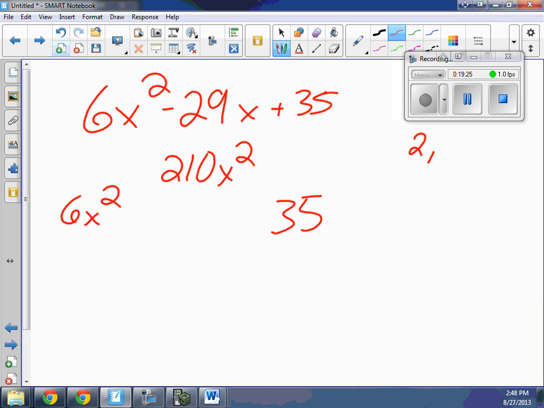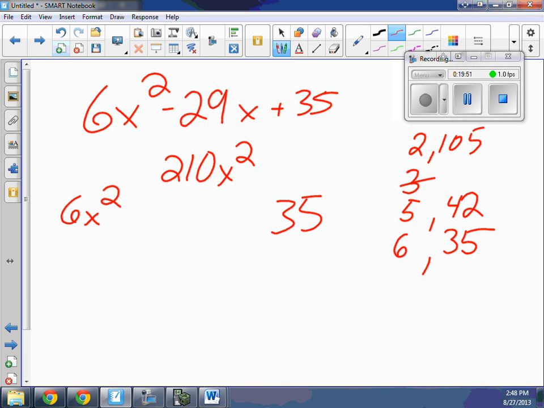2 and 105, that won't work. 3 and something big, not going to work. 4 doesn't work. 5 and 42, that one's not it. 6 and 35, that's it.